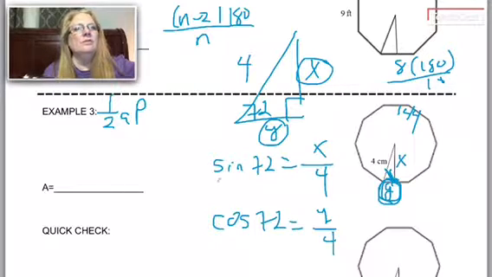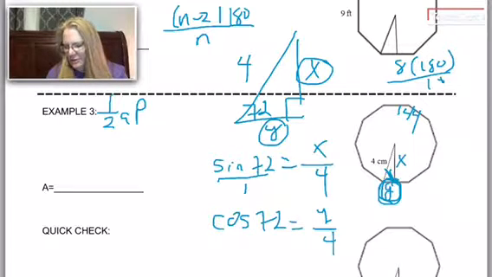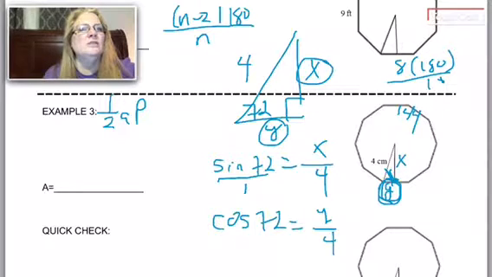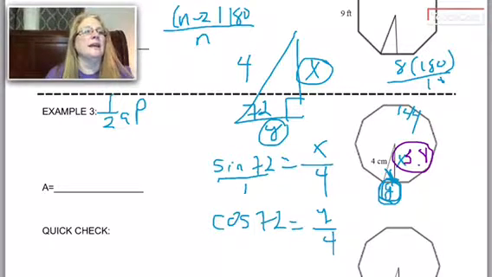So in this first one here, I'm going to multiply 4 times the sine of 72, using my calculator. 4 times the sine of 72 is 3.8. Change colors here. So y is 3.8. I mean, x is 3.8.